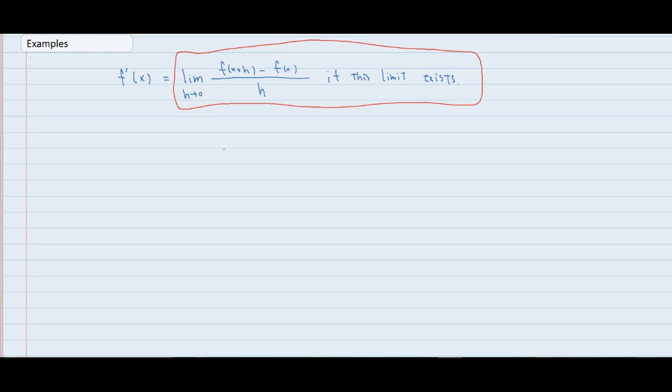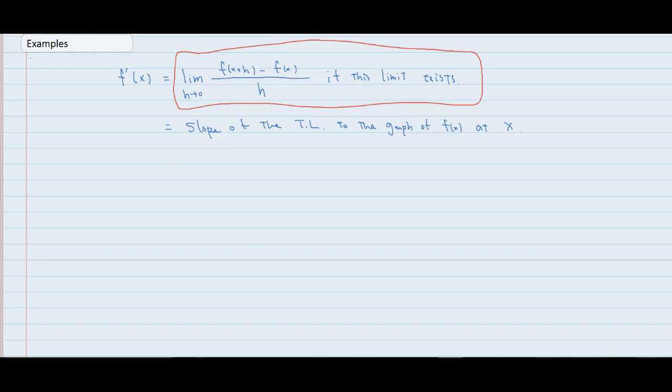Now, as for the interpretation, you can say this is the slope of the tangent line to the graph of f of x at whatever the value of x is. So this is the graphical interpretation of the derivative.